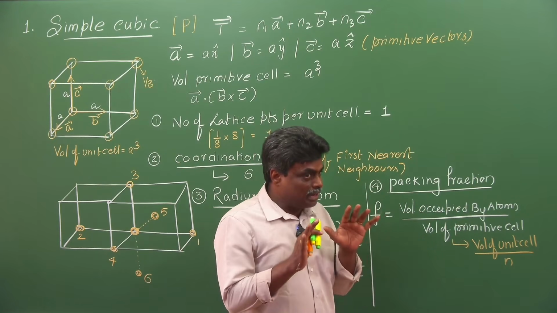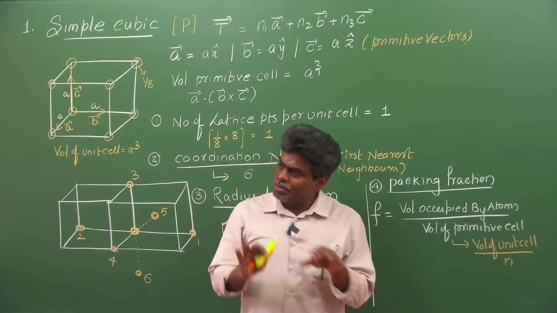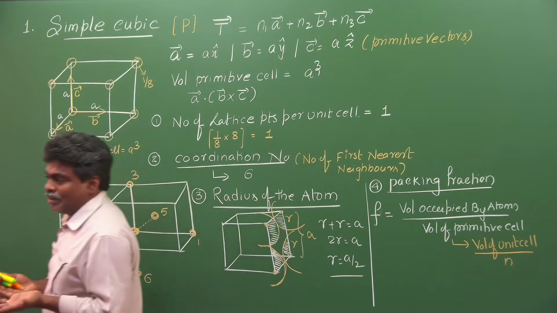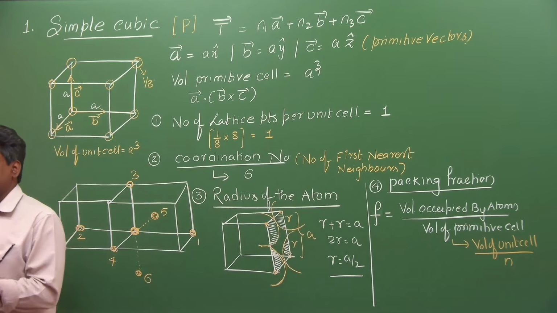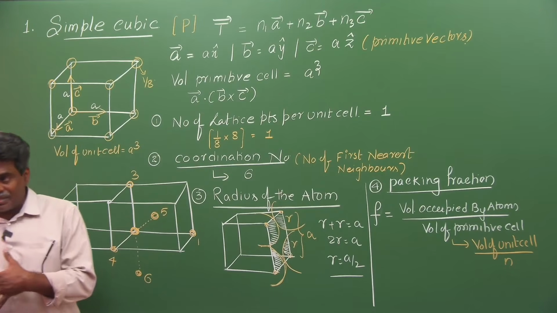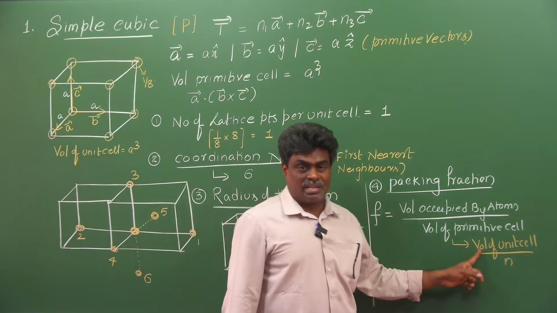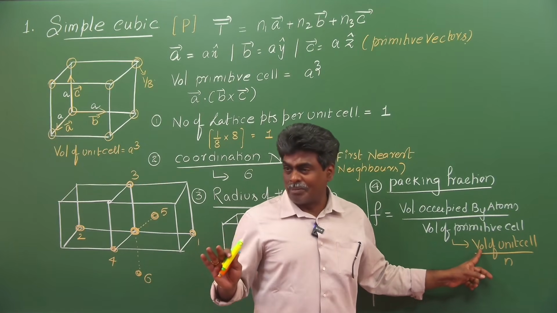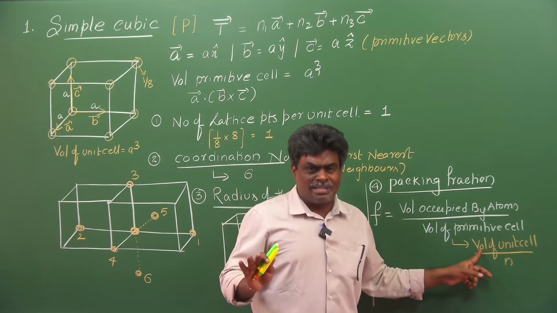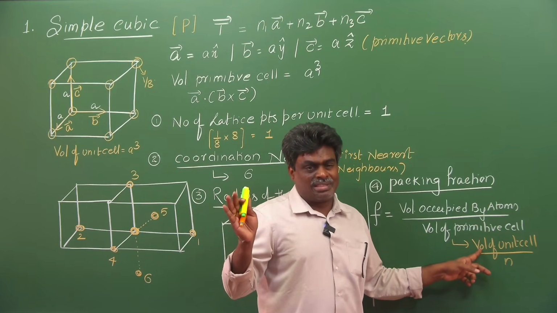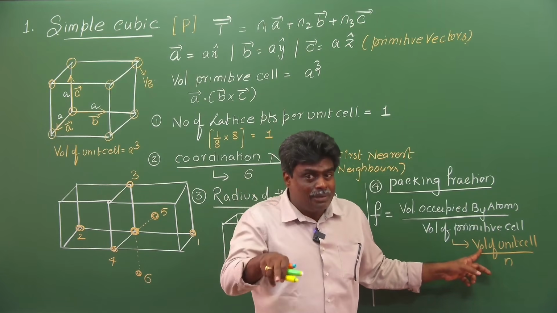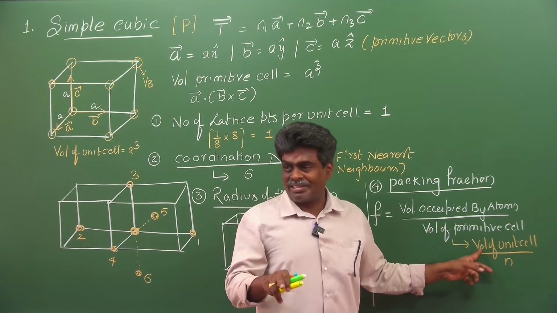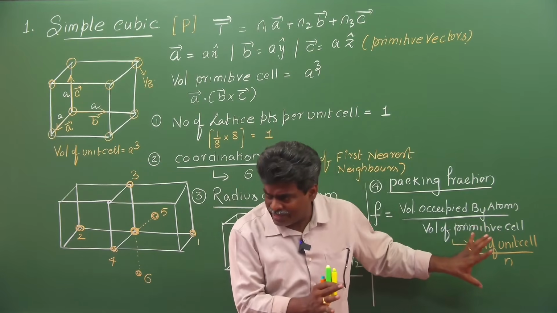That's why don't be confused with both the formulae. Both are same. Some people will take volume of primitive cell. Some people will take volume of unit cell. If you write volume of unit cell, that is A cube in simple cubic, A cube in BCC, A cube in FCC. But volume of primitive cell is different for BCC and FCC. I hope you understand this.